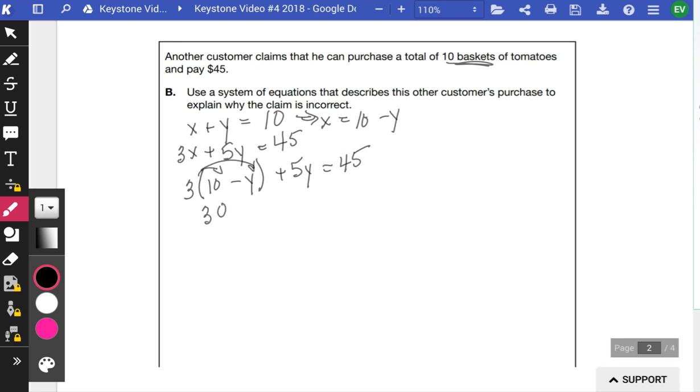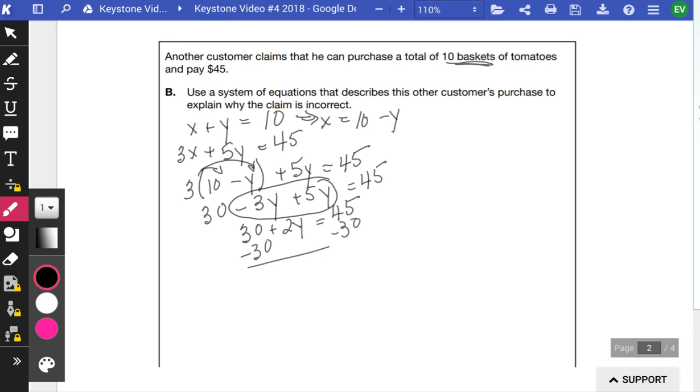So 30 minus 3y plus 5y equals 45. Combine our like terms. So 30 plus 2y equals 45. Subtract out 30. So I get 2y equals 15, and divide by 2 to get y equals 7.5.